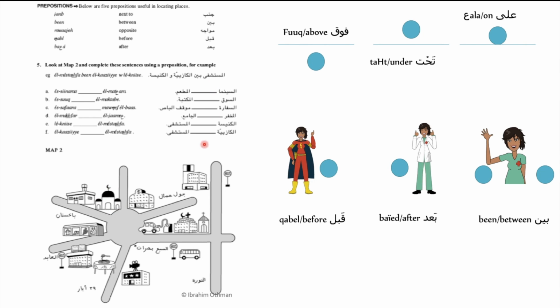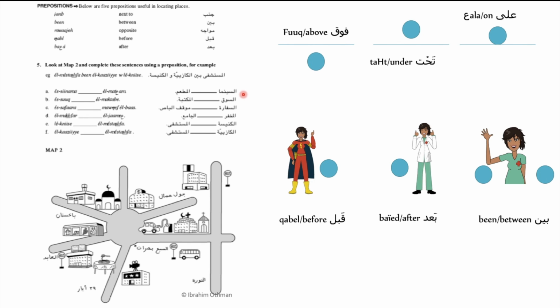We've got a couple of gaps here, both in the Arabic and the English transliteration, and all we need to do is look at this map and fill the gaps with these prepositions or adverbs. So we've got جنب, beside or next to, بين, which means between, مواجه, opposite, قبل, before, بعد, which means after.